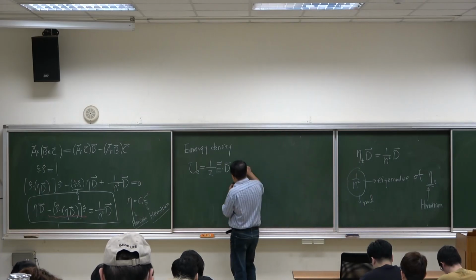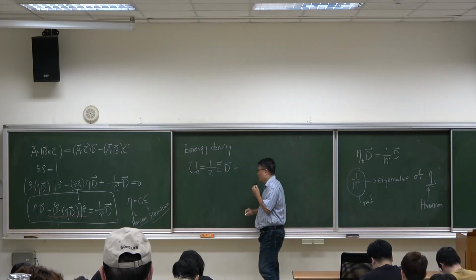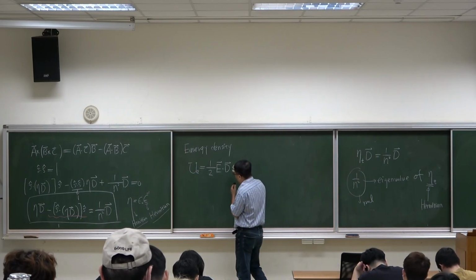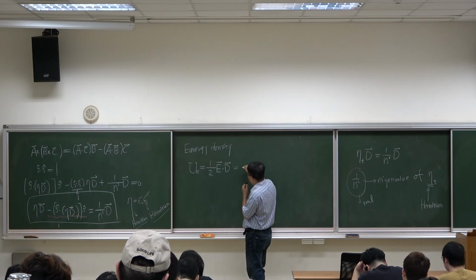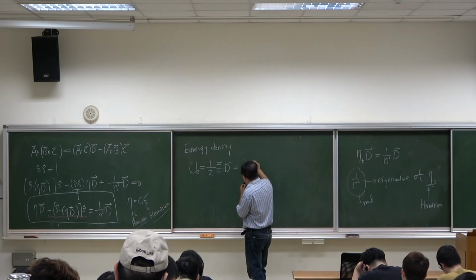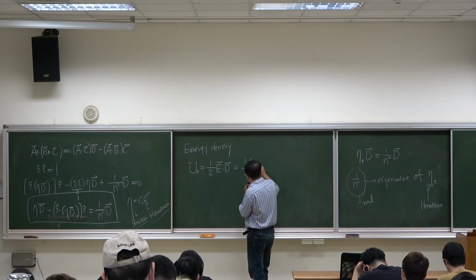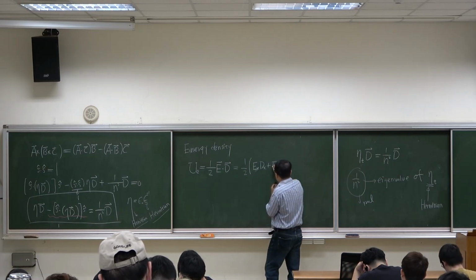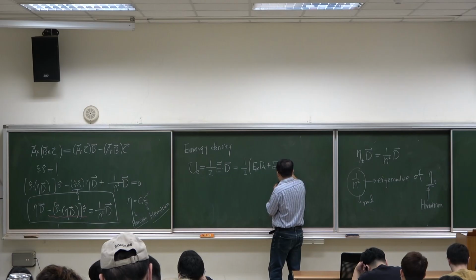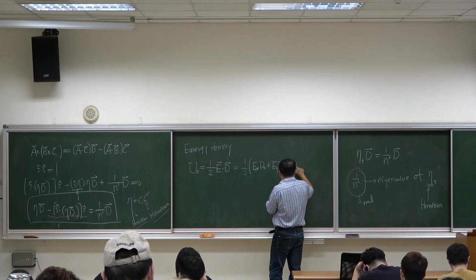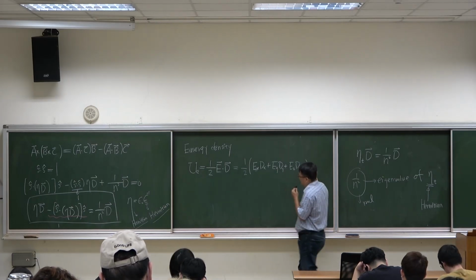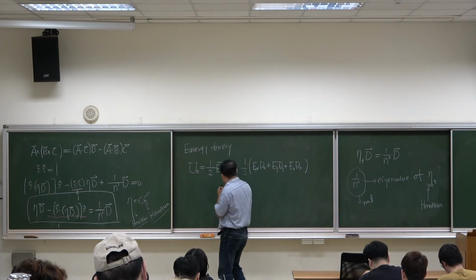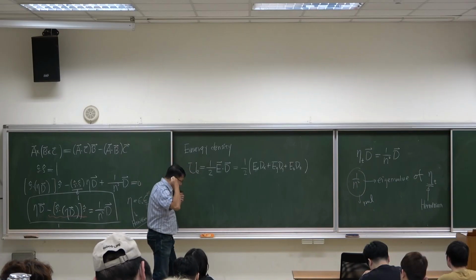And now we use D as our dynamical variable. So this can be written as EX times DX plus EY times DY plus EZ times DZ. And since now we use the principal axis system, the epsilon is diagonal form.